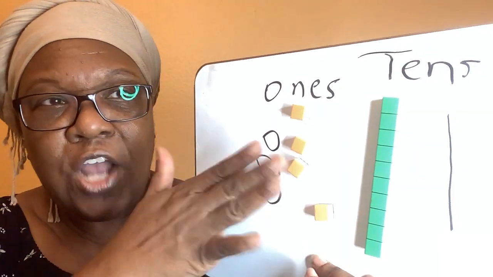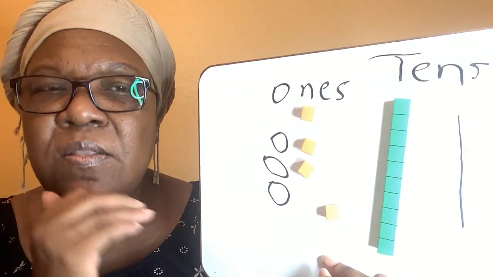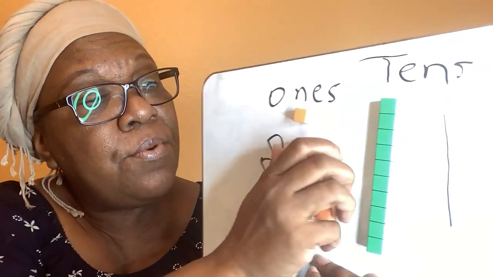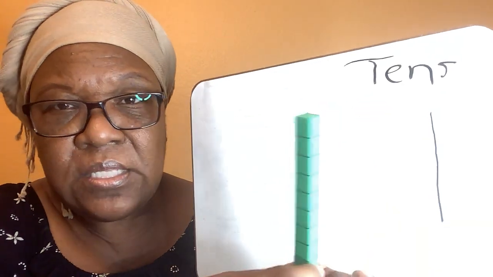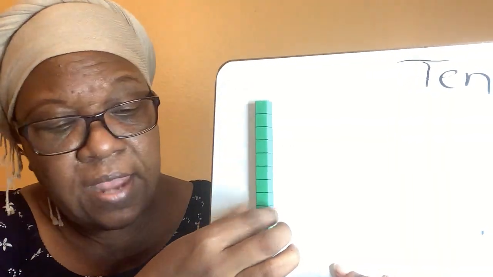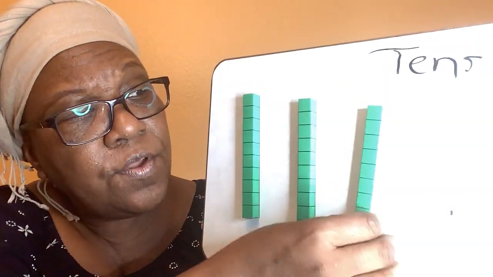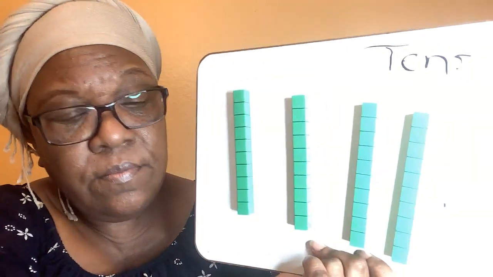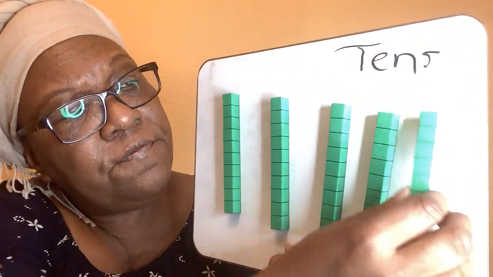In order for your child to be able to use this, he or she must have the concept of counting by tens. For example, if I'm using just the tens, this will be 10. One more, 20. One more, 30. 40. 50.